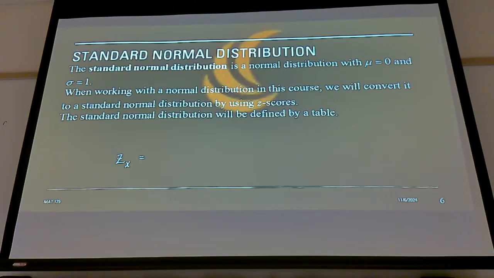How do you find the z-score for a data point x? It's x minus the mean divided by the standard deviation.